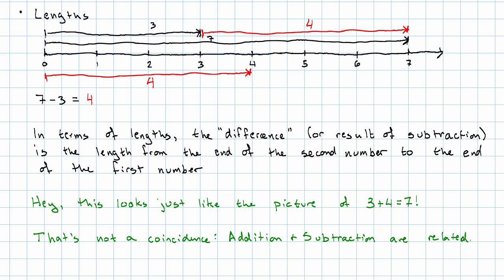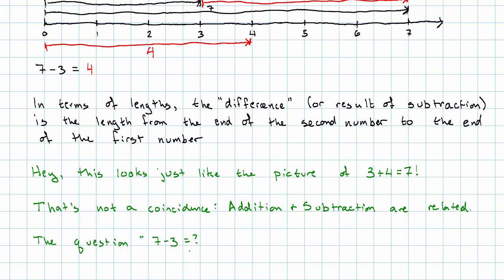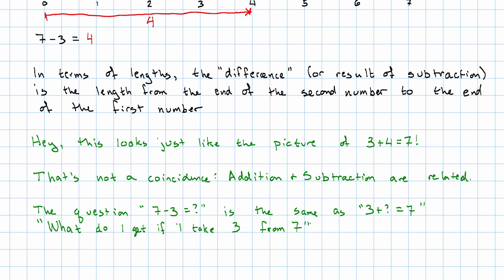In fact, we can think of the question, 7 minus 3 equals what, as being the same question as 3 plus what equals 7. So the question, what do I get if I take 3 from 7, is the same as the question, what do I add to 3 in order to get 7?